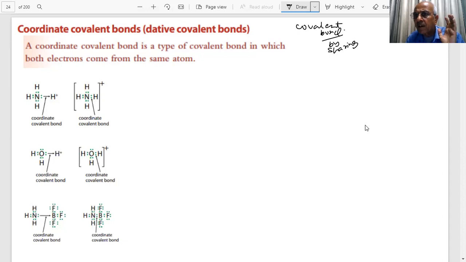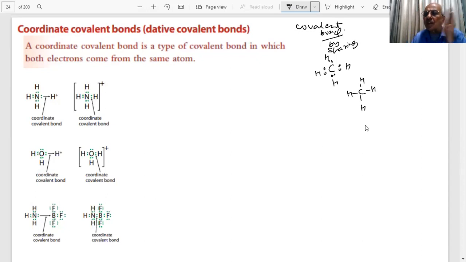If I take CH4, one electron from carbon and one from hydrogen are shared, forming bonds like this.